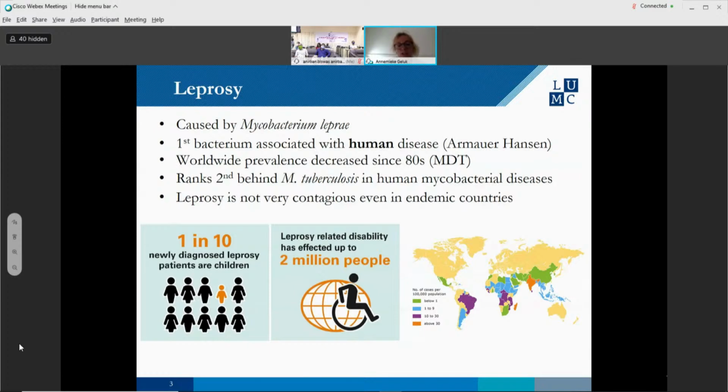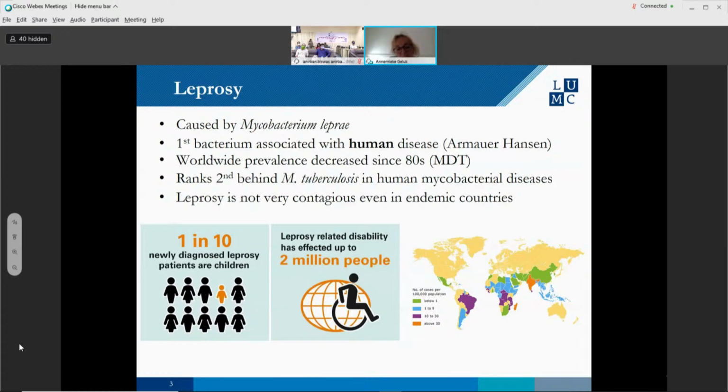Actually, the worldwide prevalence has decreased a lot since the 80s due to the introduction of MDT, multi-drug therapy, which is a combination of 3 antibiotics. It ranks second as a disease in humans caused by mycobacteria, after Mycobacterium tuberculosis.